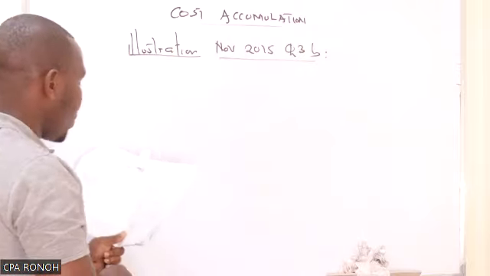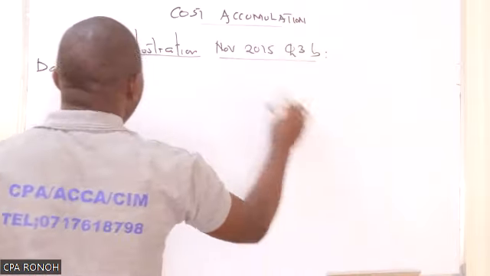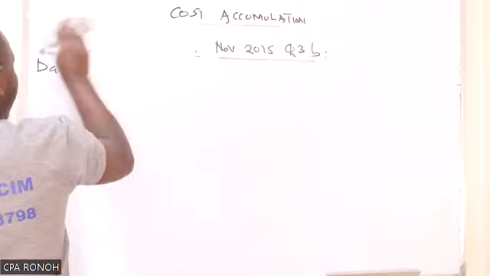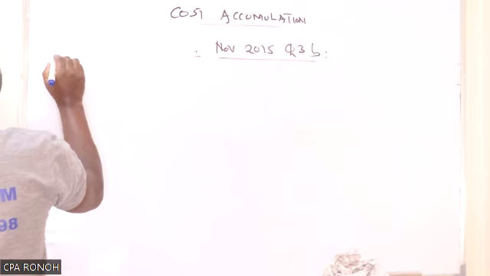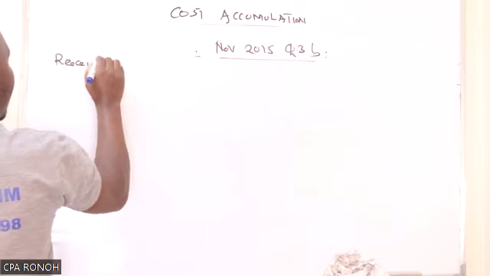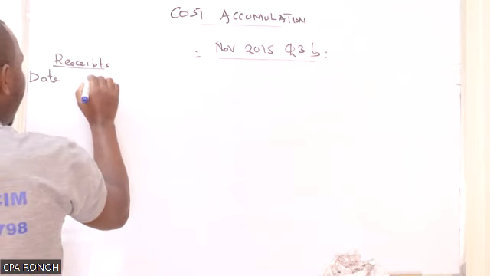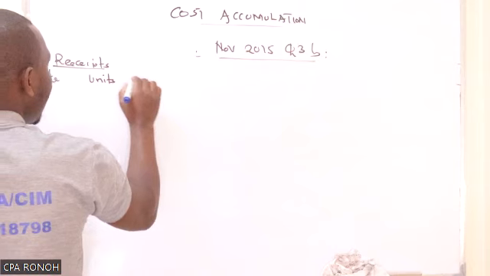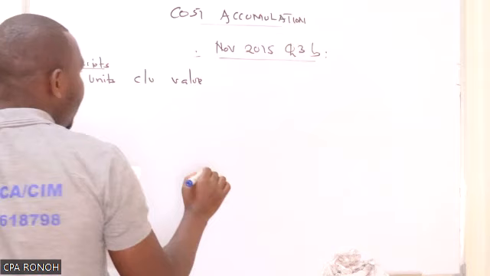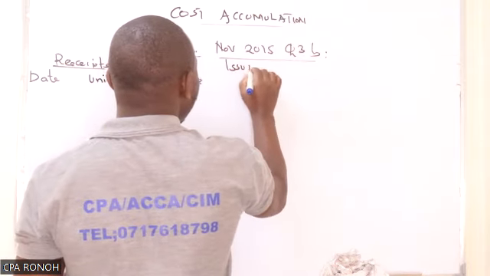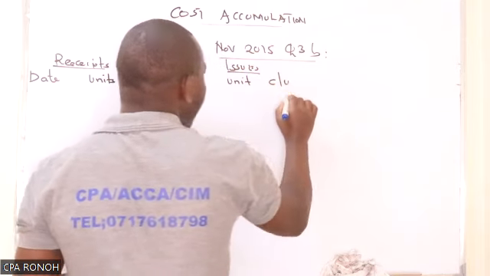So you will have to draw the ledger. We have the receipts: date, units, cost per unit, and value. Then we have the issues: units, cost per unit, and value.